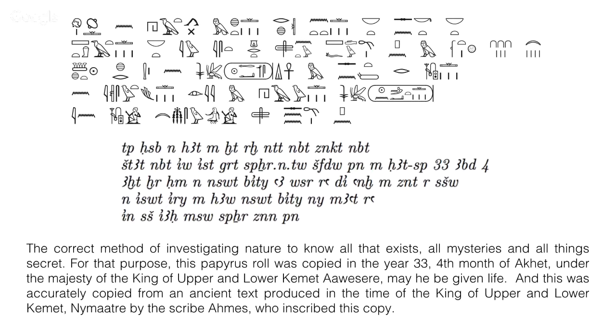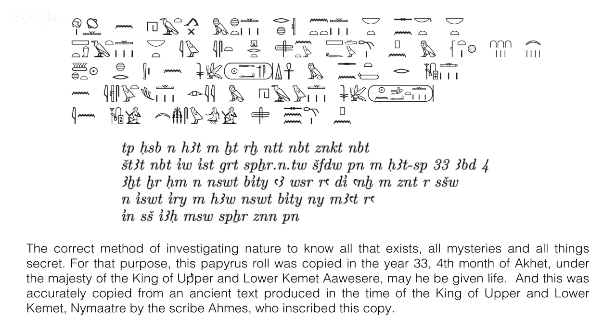Exactly. Yes. So this is the opening phrase to that mathematical papyrus. We'll just read the English, but you see the Seshew Netcher here, the transliteration here, and then we have the translation. What this is saying is that the correct method of investigating nature to know all that exists, all mysteries and all things secret.